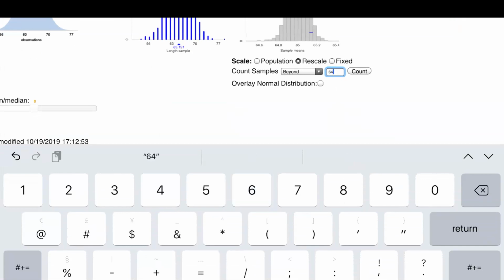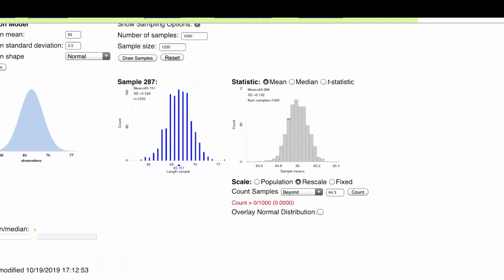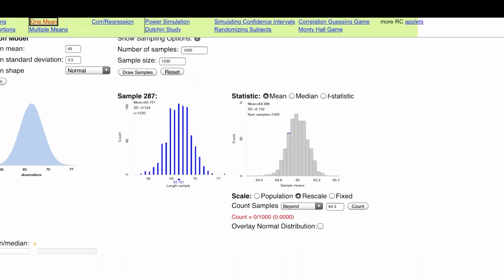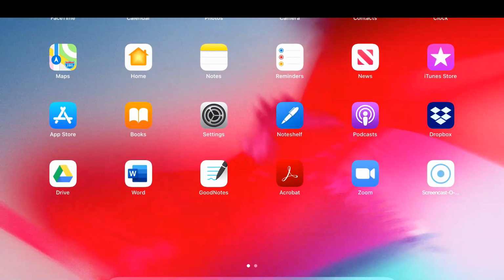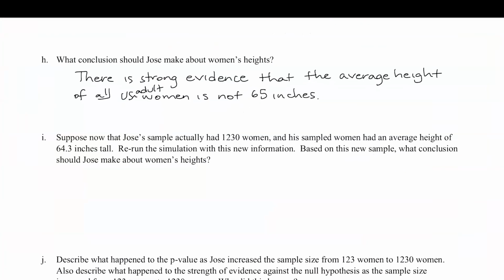And now, when I look for 64.3, which was in the tail of the last null distribution, here it's not even in the picture. So if I put the 64.3 back in the count box, and it has saved my two-sided alternative value there, notice now I have 0 out of 1,000 of my sample means came out at least as extreme as 64.3. And it's counting in both tails, even though you can't see anything because there's nothing red there.